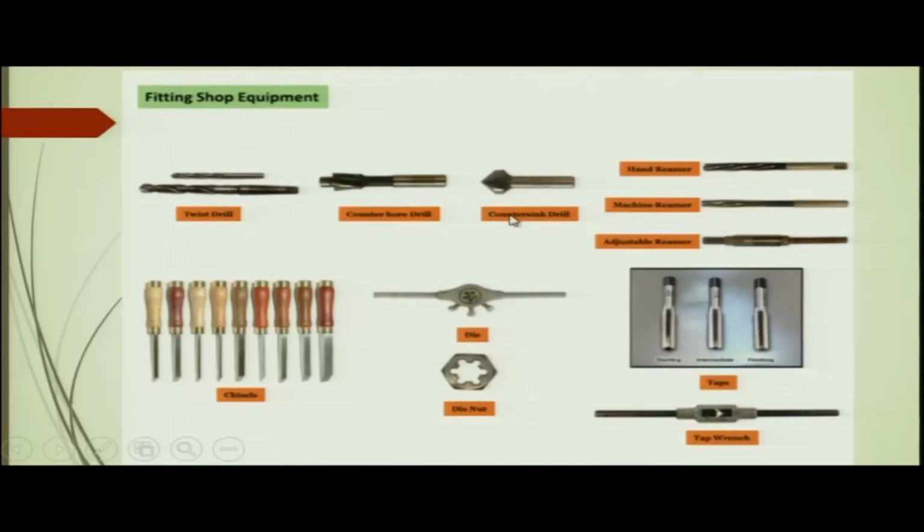So, you make the hole with the help of a counter sink drill, all right, and then you tap that hole, that means you make a thread, so that within the threaded hole the counter sunk bolts can go. There is a particular type of counter sunk bolt. We will show you in the laboratory what kind of screws sit in the counter sunk holes.